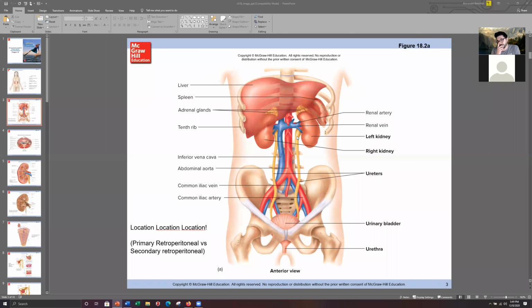And what's kind of interesting too is, we'll circle back to this at the end of the lecture today, but the position of the ureters as they connect to the bladder is also kind of by design as well. As the bladder fills up, it can actually occlude or block off the ureters, and that's important for things later on.